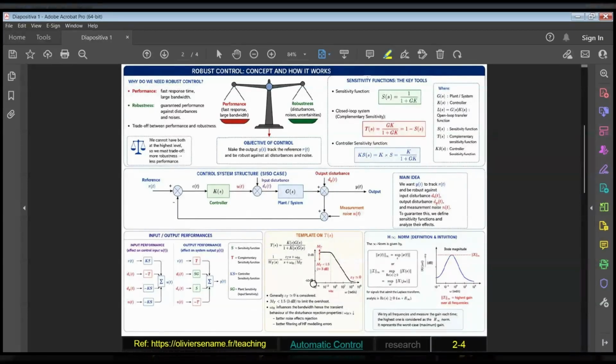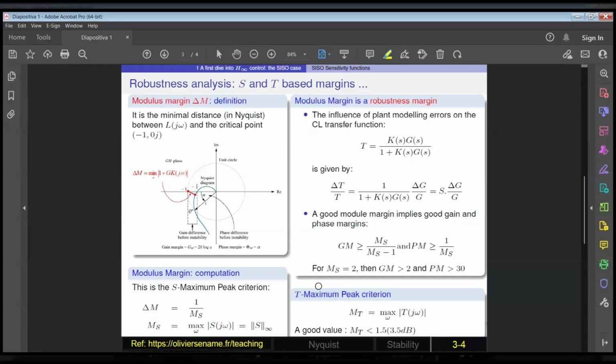It naturally follows that S should be close to 0 in that region. Of course, this is the ideal case. Now, let's analyze robustness through the open loop transfer function L equal to GK.